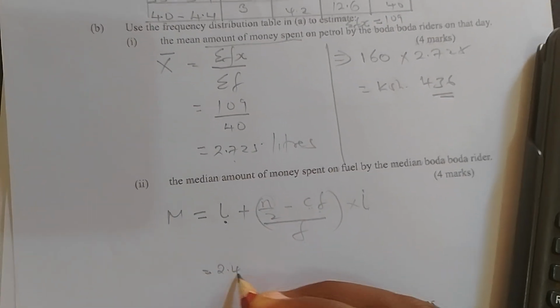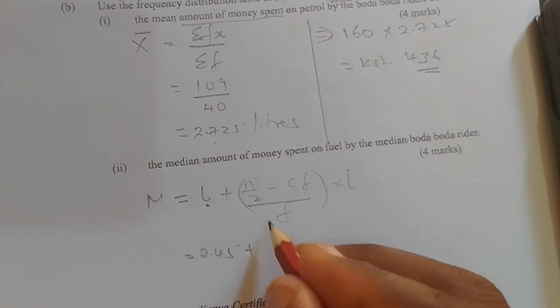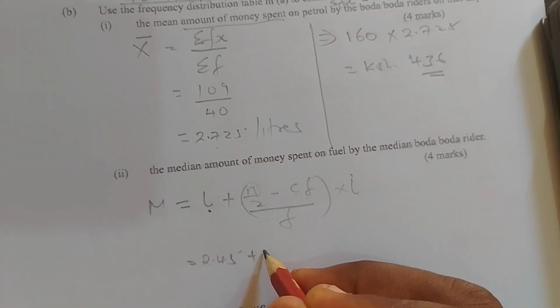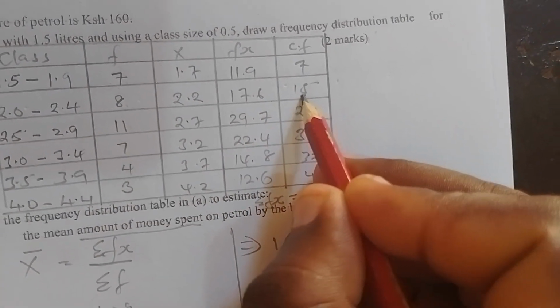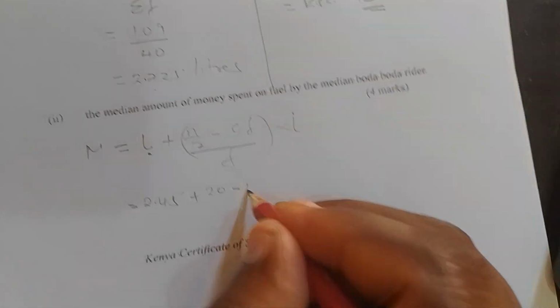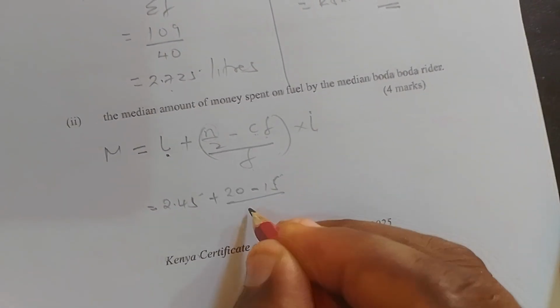So 2.45 plus 40 divided by 2 is 20, minus the cumulative frequency of the class immediately before the median class, which is 15. So minus 15, over the median frequency, which is 11, and then times the class width, which is 0.5.